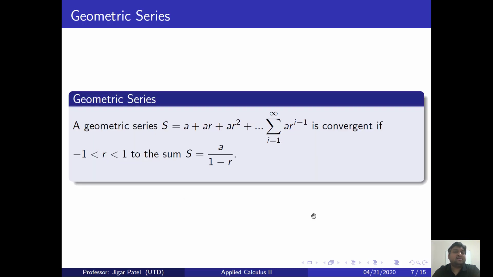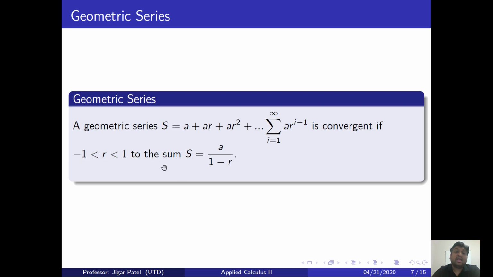We are going to address this using this simple result. It's a straightforward result. A geometric series is convergent if the common ratio sits between -1 and 1. Again, a geometric series is convergent if the common ratio is between -1 and 1.